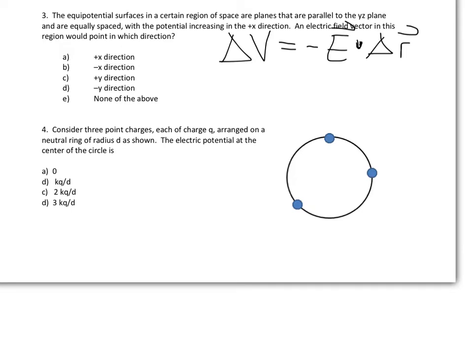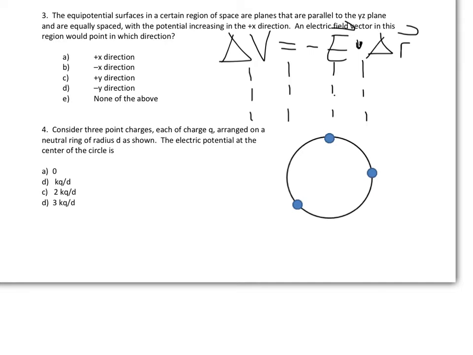So in this case, we can imagine the equipotentials here equally spaced.